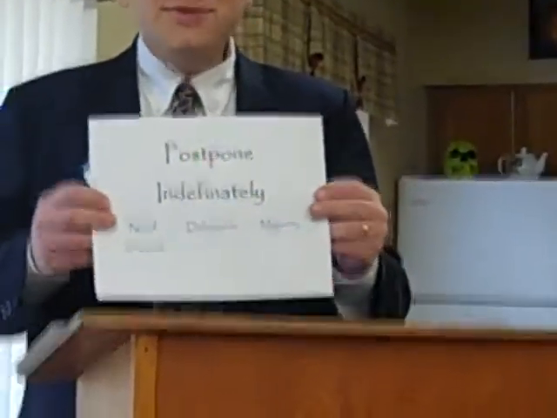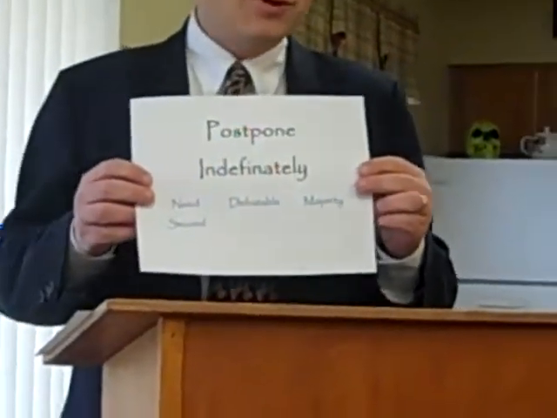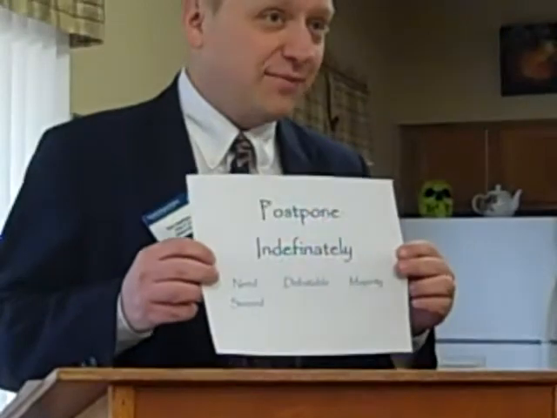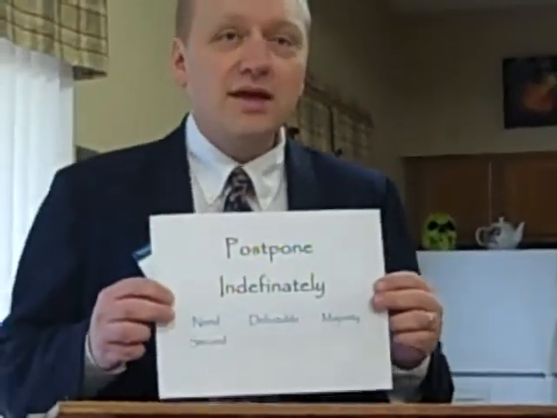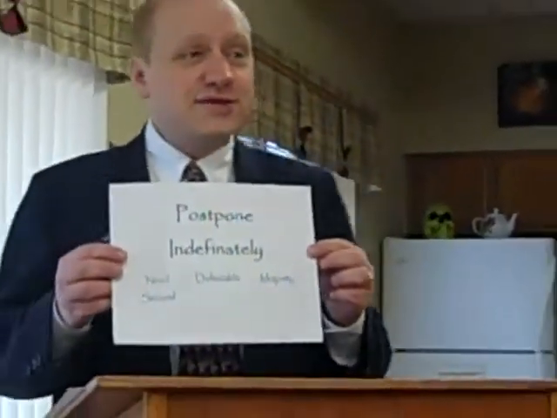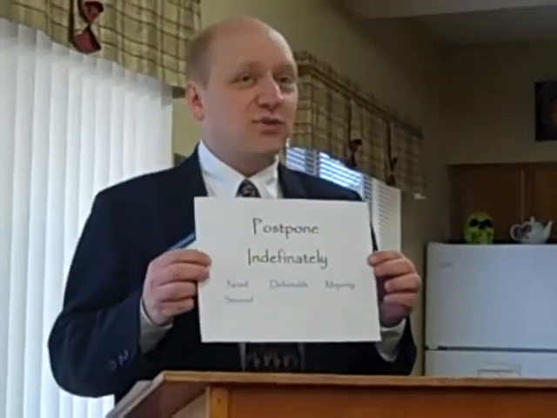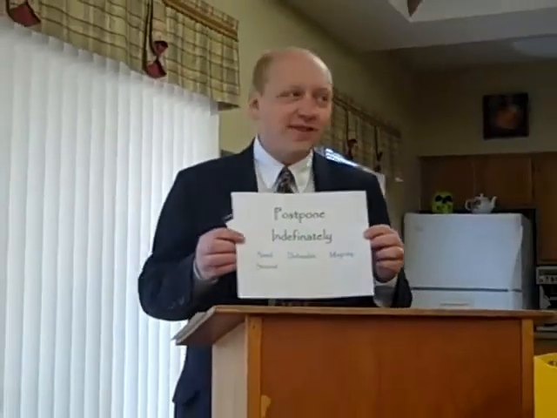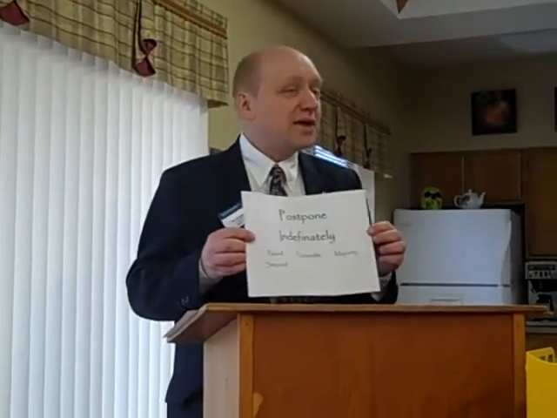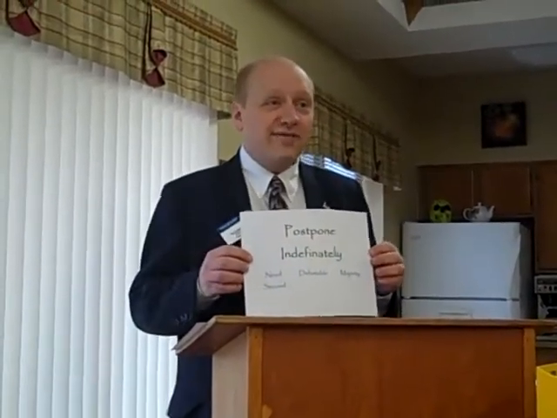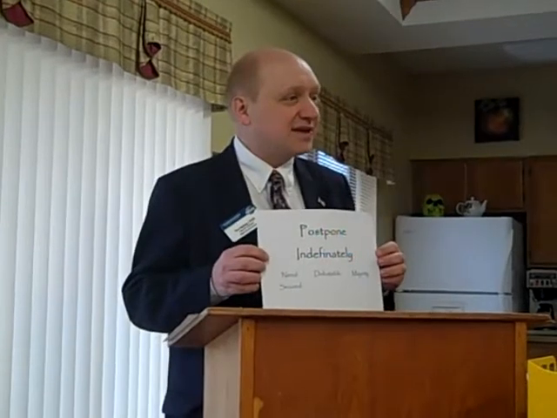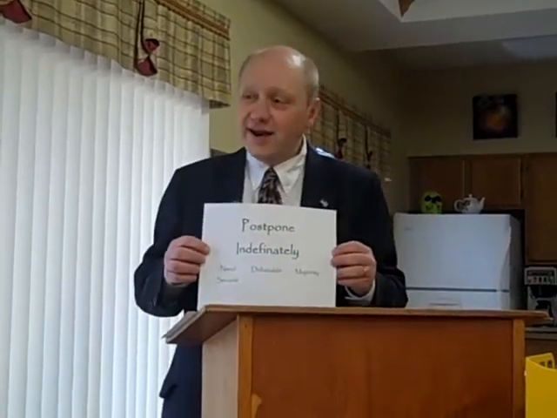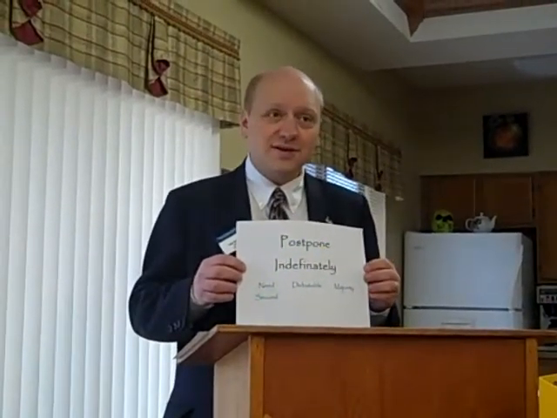A motion to postpone indefinitely is basically a motion to kill the main motion. Usually you would only use this in a situation where it might be detrimental to actually take a vote on the main motion, such as if you have a controversial subject that all of the members may not agree to.